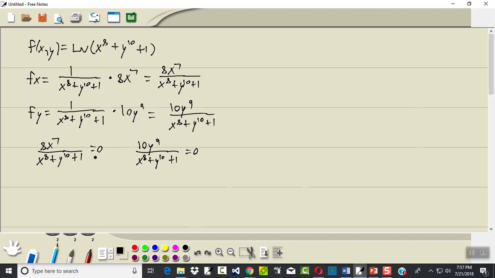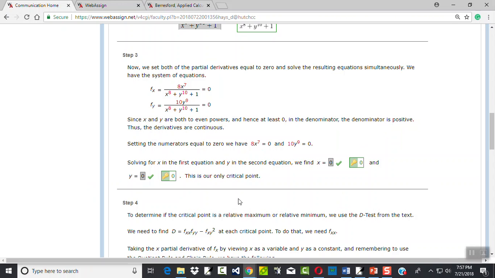Now I can multiply both sides of these equations by x to the 8th plus y to the 10th plus 1, and I'd get 8x to the 7th equals 0, and over here I get 10y to the 9th equals 0, which means we got x is equal to 0 and y is equal to 0. And that's where they get these x equals 0 and y equals 0.